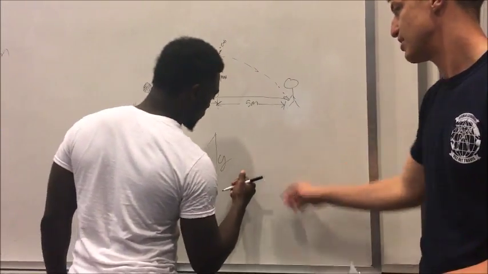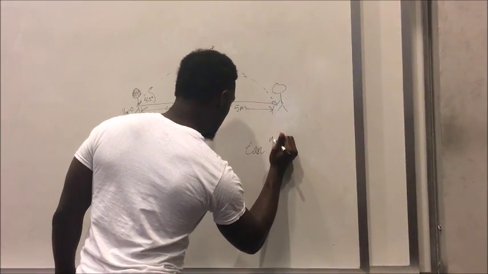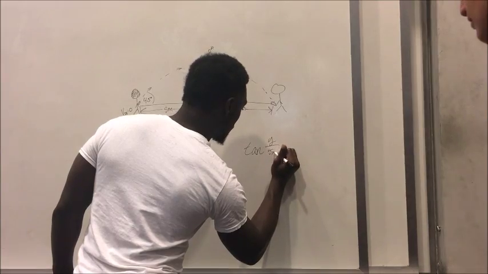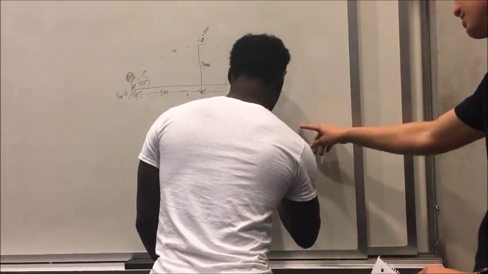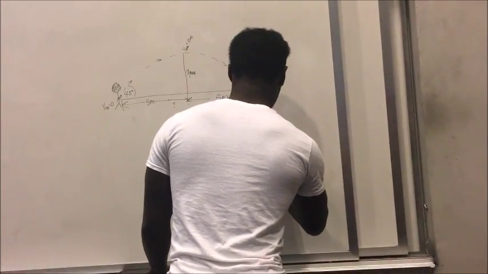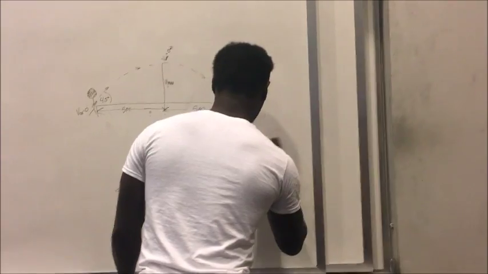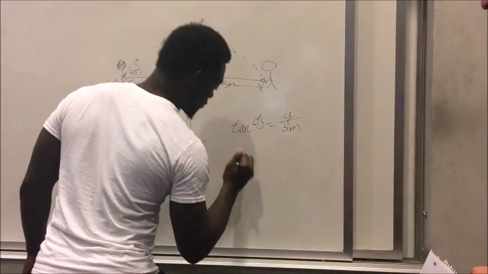So we have to set up an equation for y using our tangent. Tangent 45 is equal to y over 5 meters. And now we solve for the y.